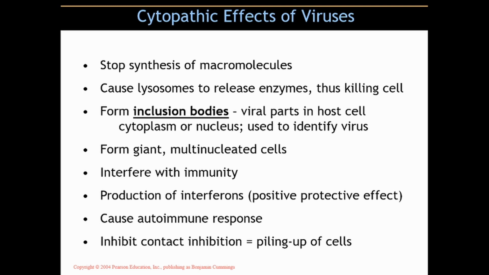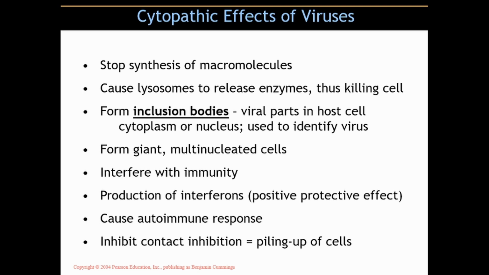Then they can go out and infect other cells. They form inclusion bodies within their host cells. What are they? They're viral parts in the host cell cytoplasm or nucleus, and we can actually use them to identify a virus, because a number of viruses have very specific inclusion bodies that only those viruses produce. So it becomes useful in identification.